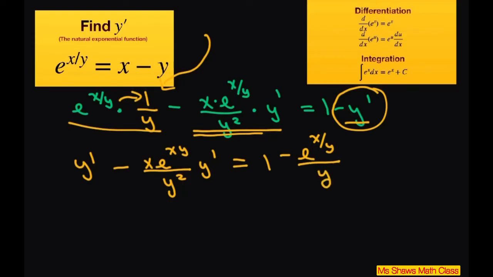All right, now that you have that, we can pull out our y prime here. So y prime times 1 minus x e to the x over y power divided by y squared equals, let's get a common denominator here.